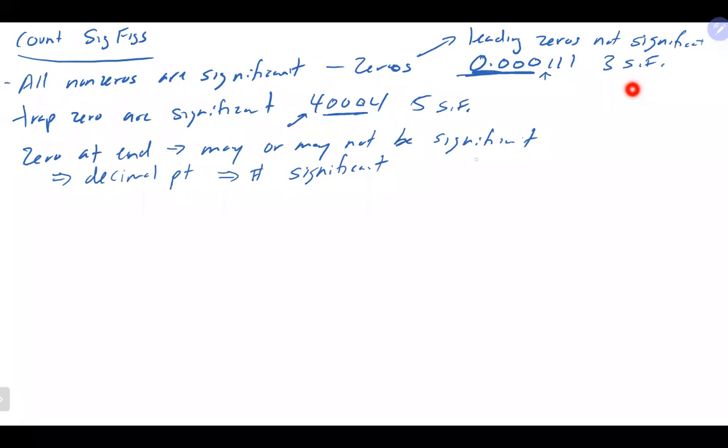So if you had 12,000 with a decimal point, like so, all these zeros would be significant as there is a decimal point right there. This would be 3, 4, 5, 6 significant figures. If I wrote 12,000 without it, this would have only 2 significant figures, as these 2 would be significant. The zeros here would not be significant as there's no decimal place.